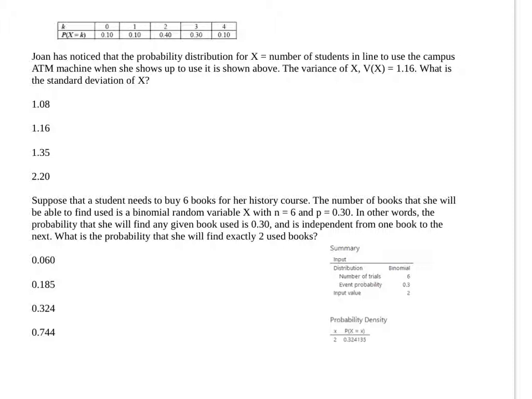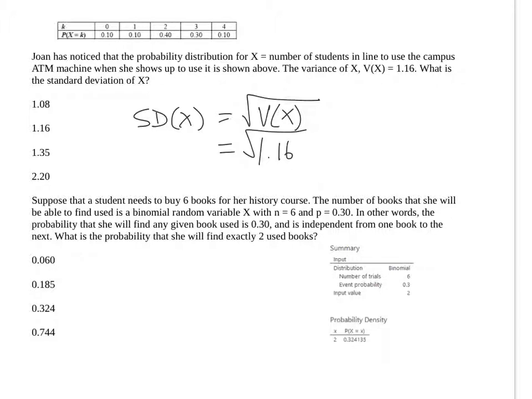Let's write that down. Standard deviation of x is equal to the square root of the variance of x. Well, the variance of x is 1.16. So in this case, it's the square root of 1.16.